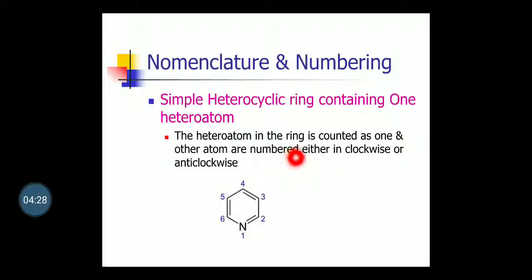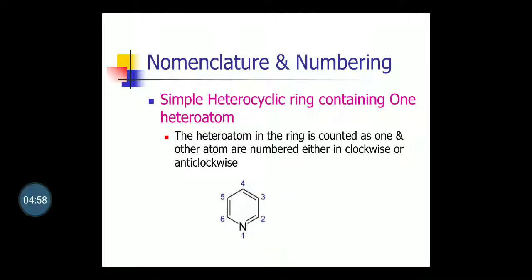The heteroatom in the ring is counted as 1, and the other atoms are counted either clockwise or anti-clockwise. This heterocyclic ring has nitrogen as the heteroatom, so we must start numbering with nitrogen. Then we can go clockwise or anti-clockwise, that is 2, 3, 4, 5, 6. Both are the correct way of numbering.